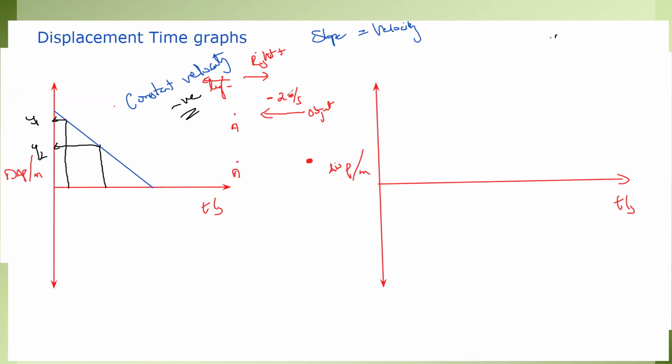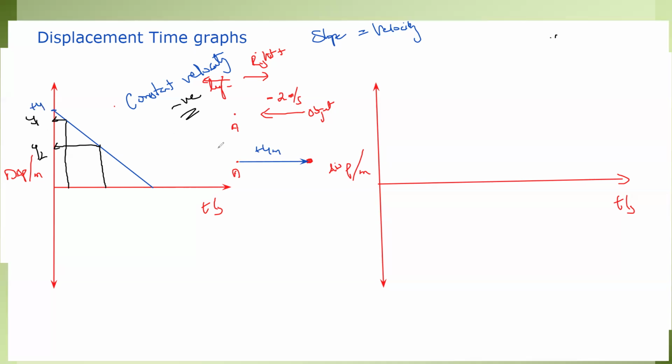When you measure the displacement, you measure it from the starting point, the origin. This object might be 4 meters away from you on the right-hand side. As we take the right-hand side direction as positive, the displacement is, for example, plus 4 meters.